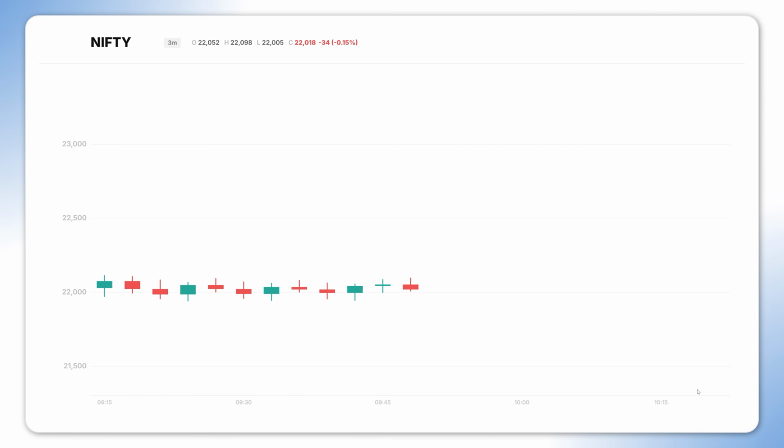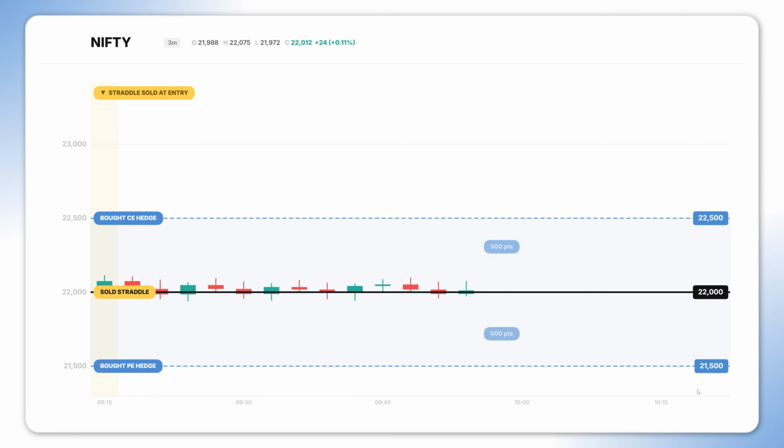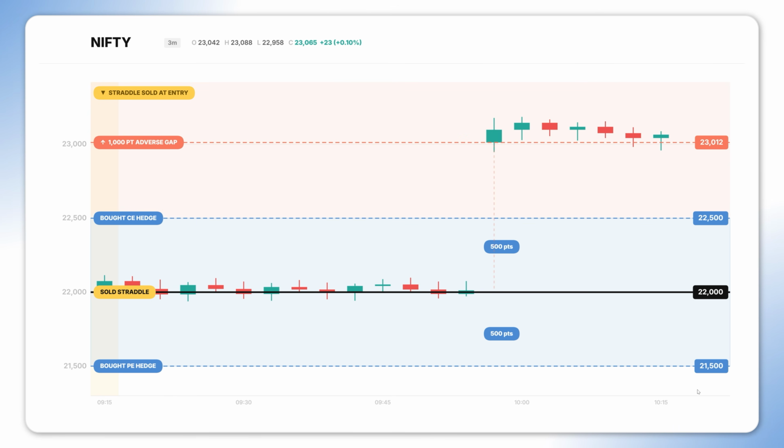So let's say you have sold a straddle, you have bought some hedges which are something like 500 points away. In Nifty, let's say you have sold a 22,000 straddle and bought a 22,500 call as hedge and a 21,500 put as hedge, and you're sizing one lot. Then let's say a 1,000-point adverse gap happens and you leave this position till expiry.